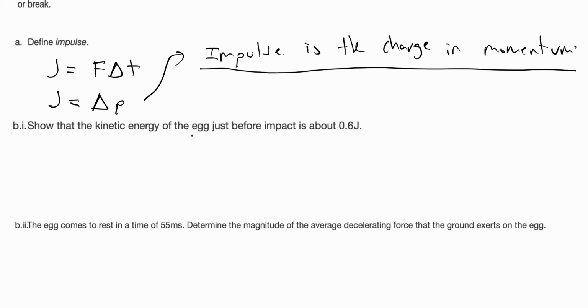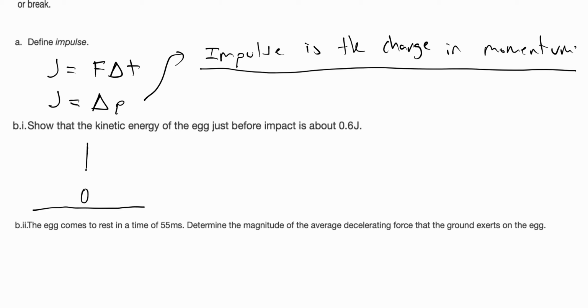Show that the kinetic energy of the egg just before the impact is 0.6 joules. Now what we need to understand is that every object at a point in space has some potential energy, and as it moves or is in motion, that potential energy is converted into some kinetic energy. So in this case, you have a floor and you have an egg, right?